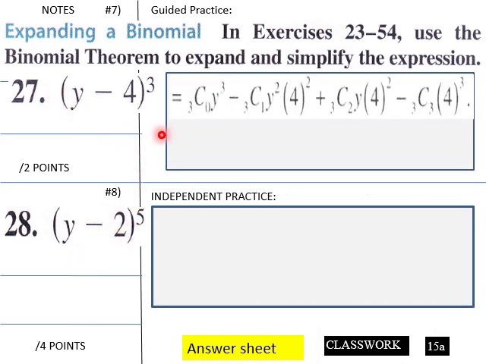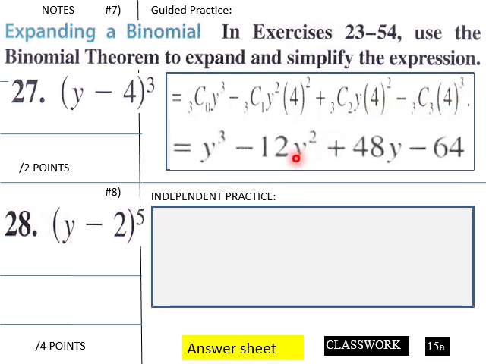So for the one up here, you start out with 3 choose 0 y cubed minus 3 choose 1 y squared times 4, this is our 4 here, plus 3 choose 2 y times 4 squared, minus 3 choose 3 times 4 cubed.